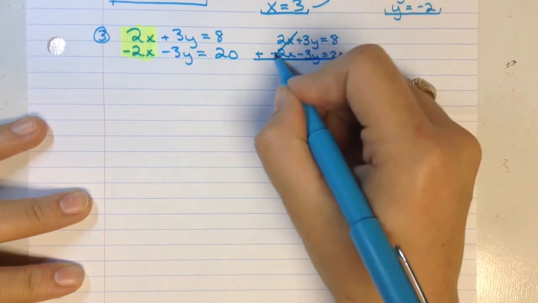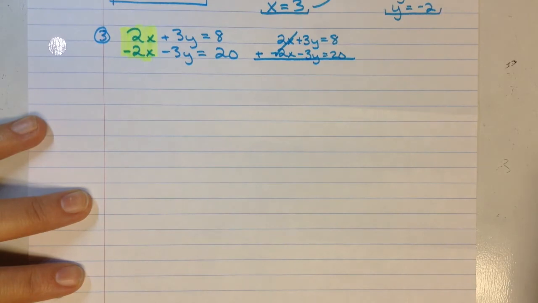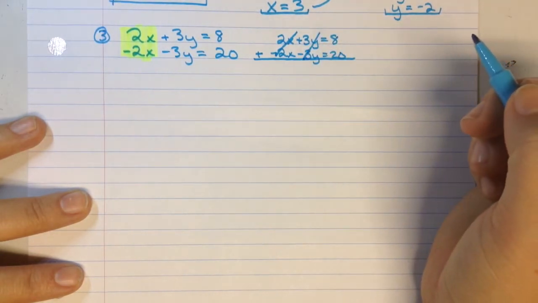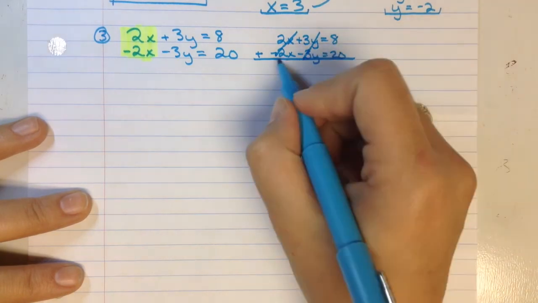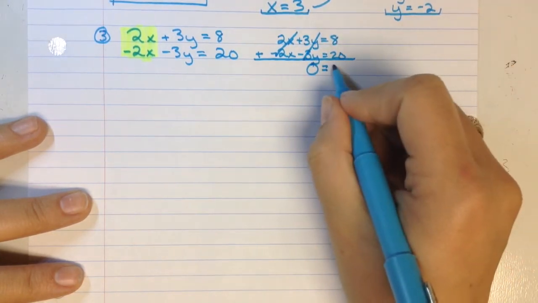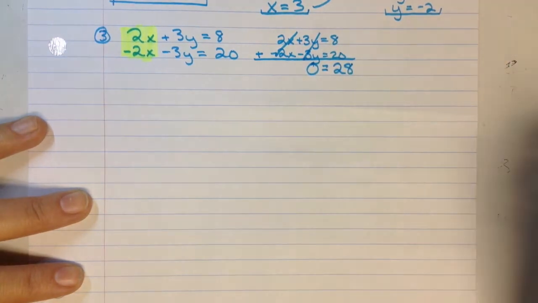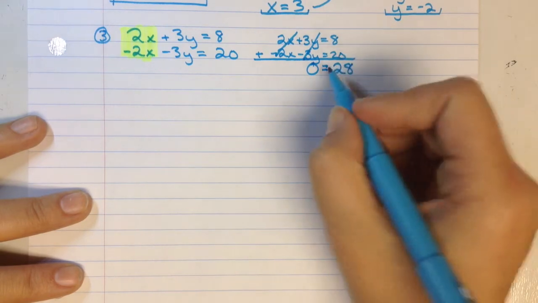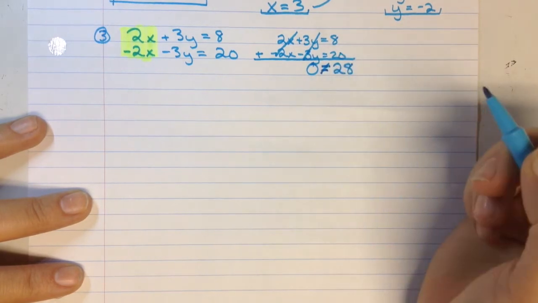That equal and opposite variable cancels out. But check what happens again. Those are also equal and opposite. I have 0 plus 0, which gives me 0, equal to 8 plus 20, which is 28. Is that a true mathematical statement? No, 0 does not equal 28.